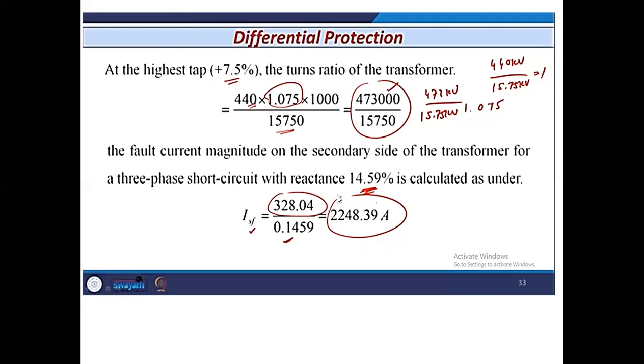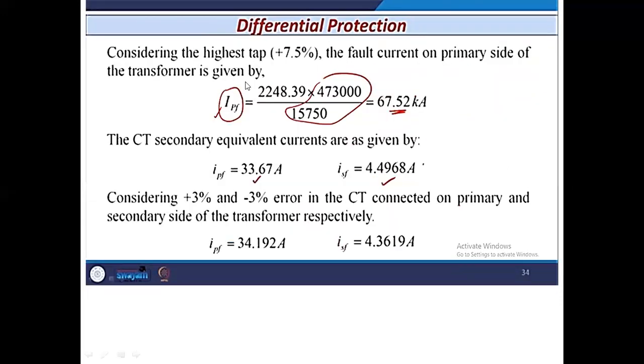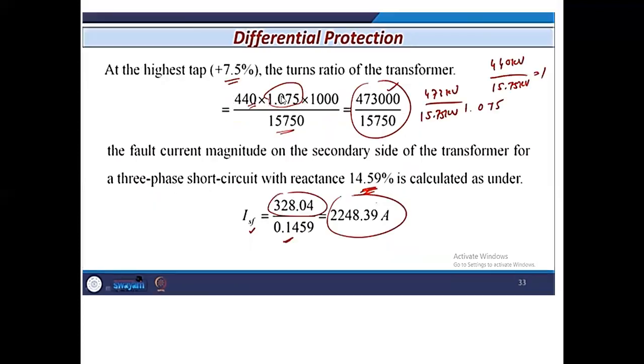So if I use this value, that is 473 kV divided by 15.75, and find the fault current on the primary side of the transformer, the fault current will be 473 kV divided by 15.75 multiplied by this 2248.